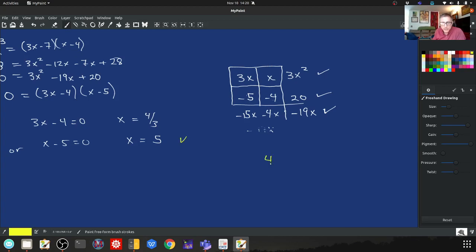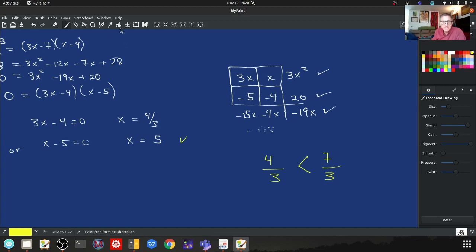So let's check it out. So 4/3 is less than 7/3. So why? When the numerator stays the same and I increase the denominator, then I decrease the number.